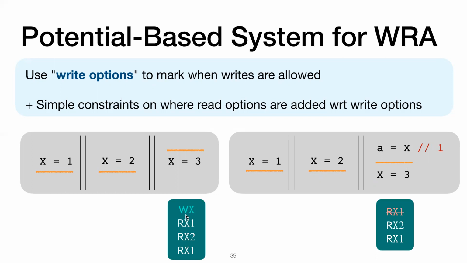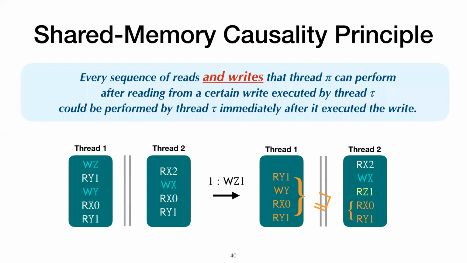But what is nice is that the causal principle works without much changes also for weak RA. We just say it's not every sequence of reads, it's actually every sequence of reads or writes. Whatever you have, every sequence of operations. So it all generalizes nicely.